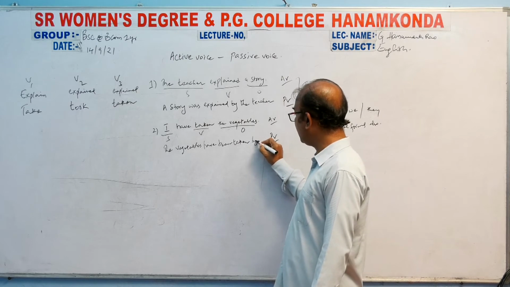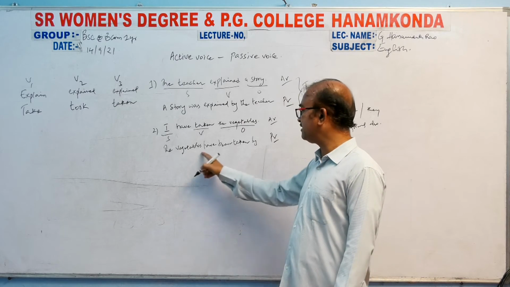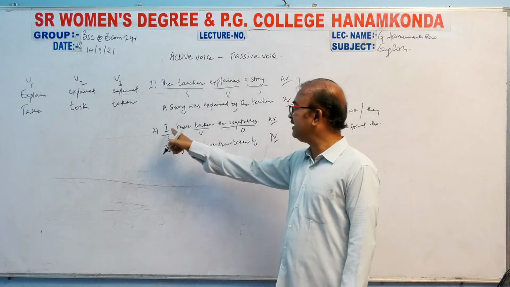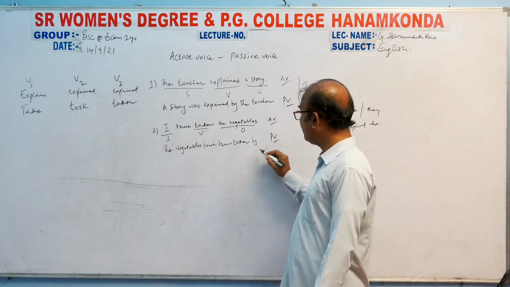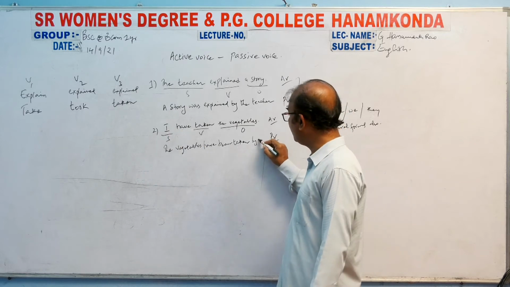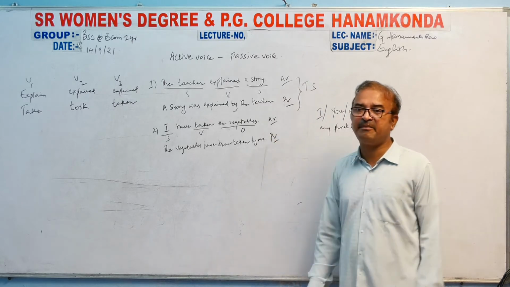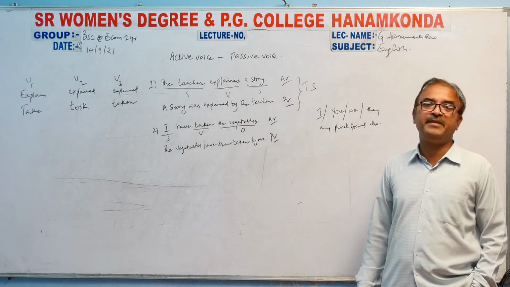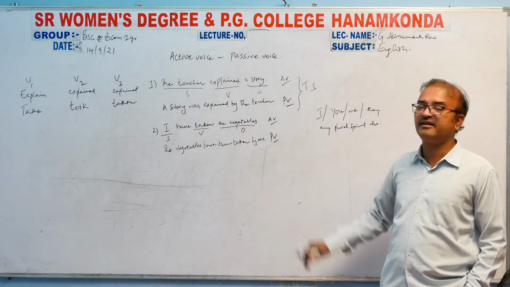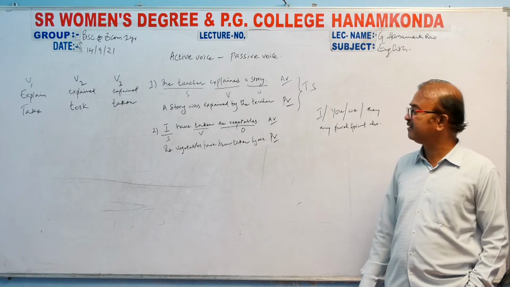Add this preposition by. Okay, so the vegetables have been taken by. Here what is the subject? I. And I, when used in passive voice, changes to me. Have been taken by me. So this is the thing. The vegetables have been taken by me.